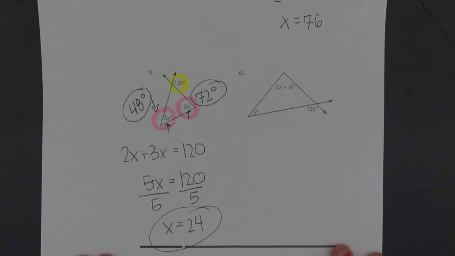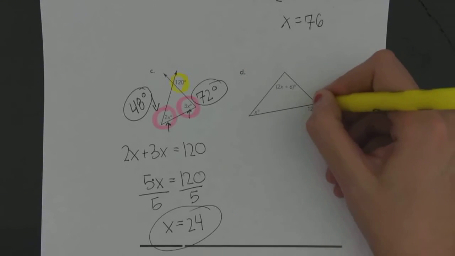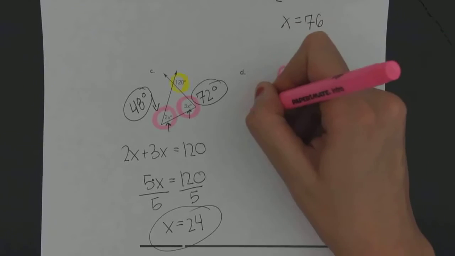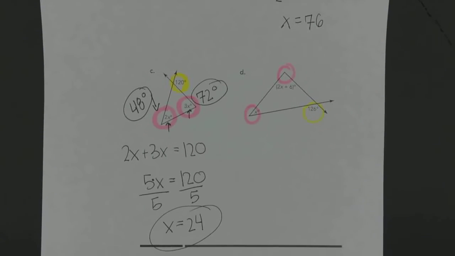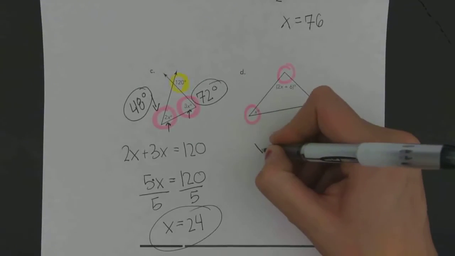Okay, and we're going to try D over here. So first off, I need to identify my exterior angle, which is 126. The two inside angles that are not touching it are this one and this one. So I'm going to take the values of both of those, the sum, and it should set it equal to 126 because the sum should equal 126.